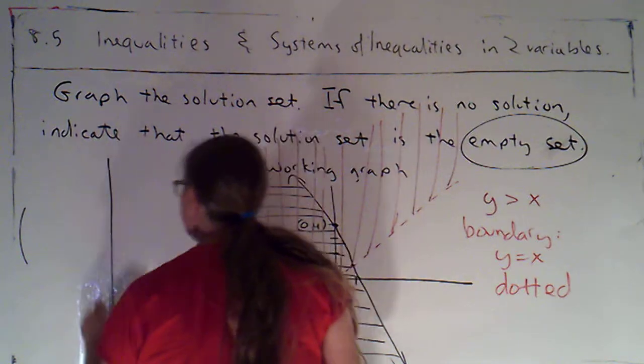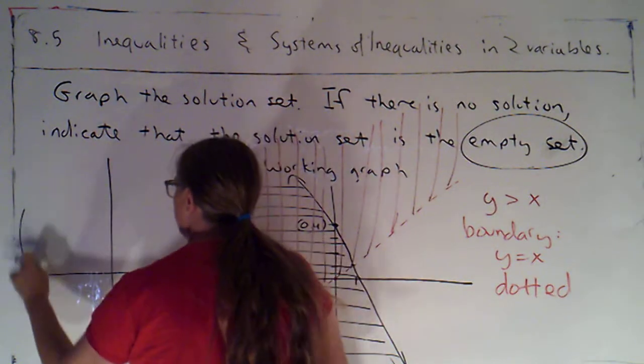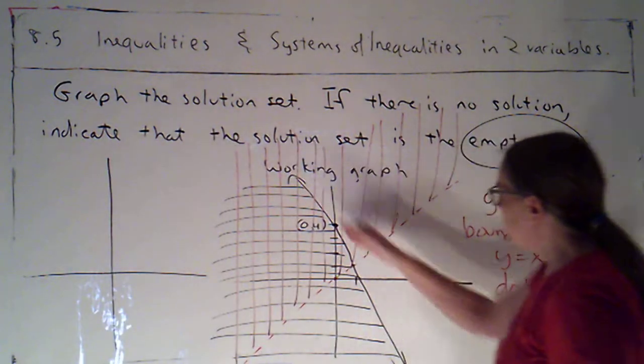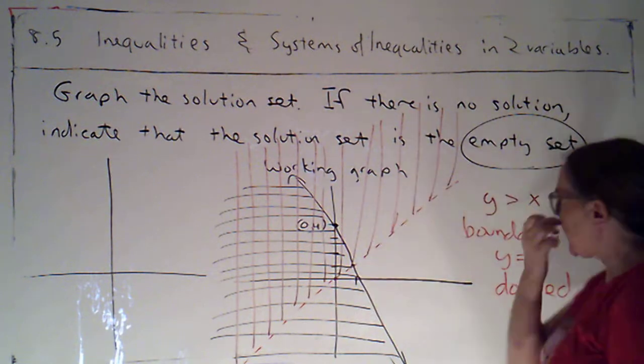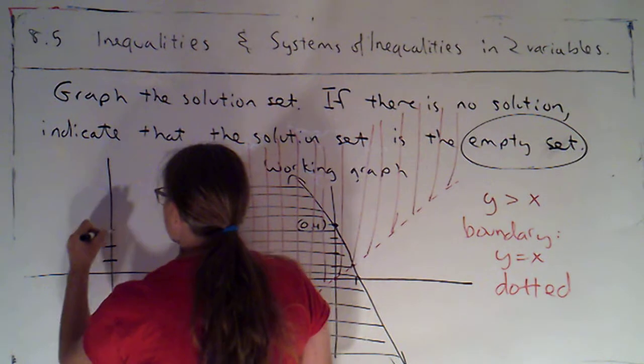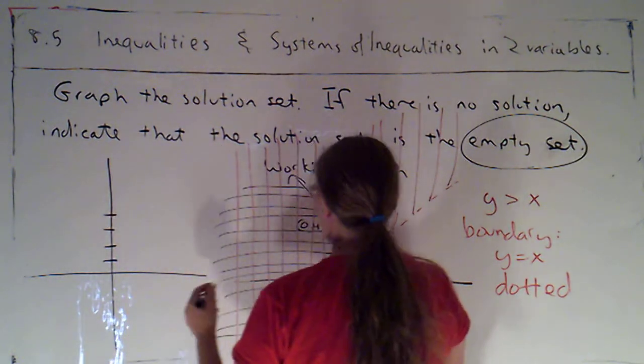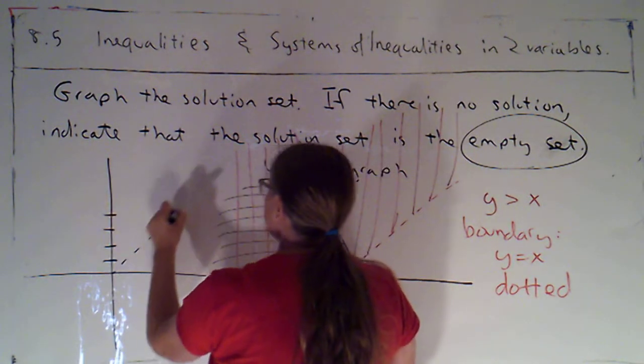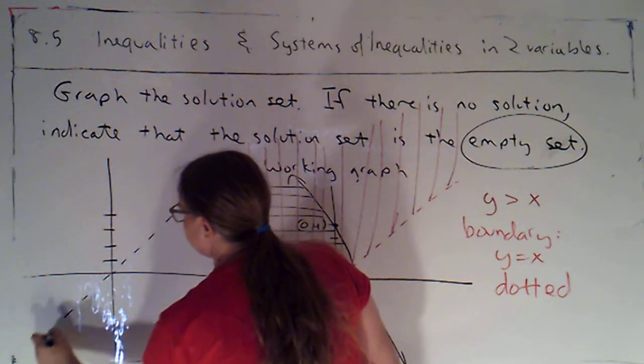So if I do that, now I might still want to draw in the boundary lines. I'm going to draw in this dotted one first because it was dotted.